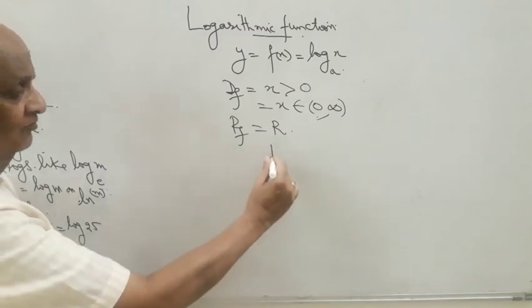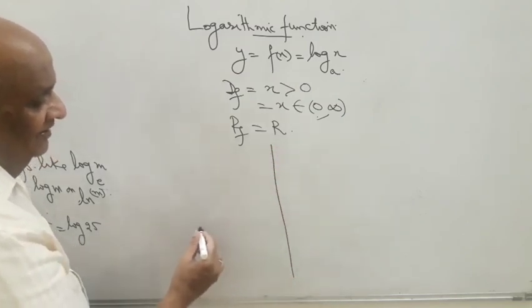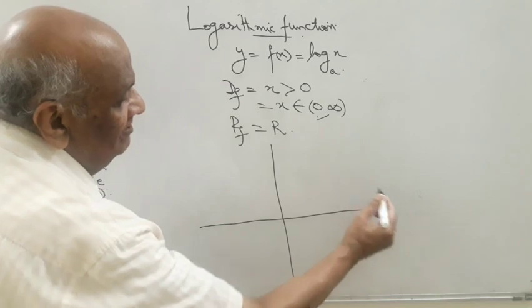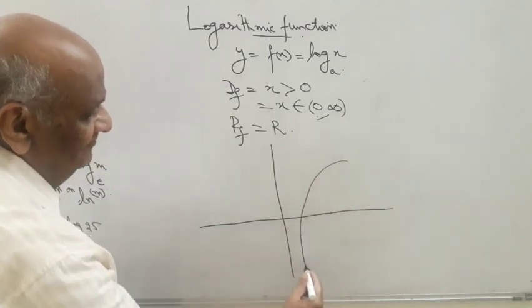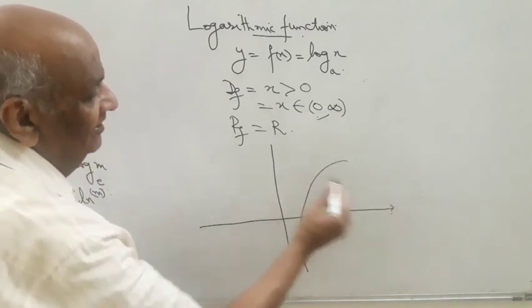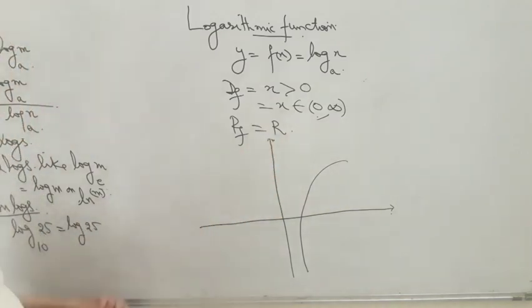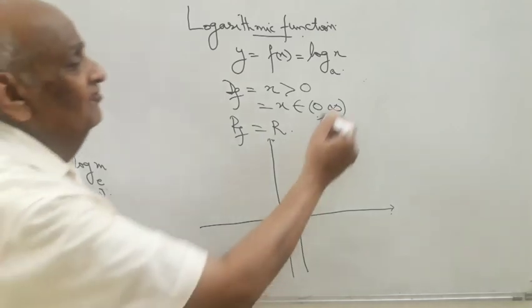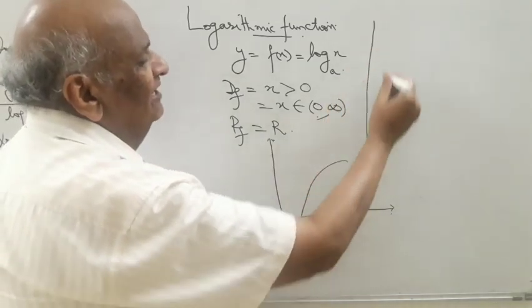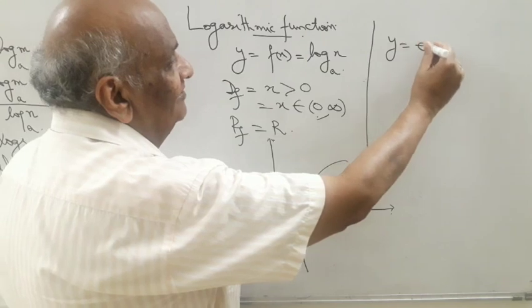And the graph for a logarithmic function is drawn in this way. There is a comparison study between exponential and logarithmic functions. Here you can just look up. We have y is equal to e to the power x.